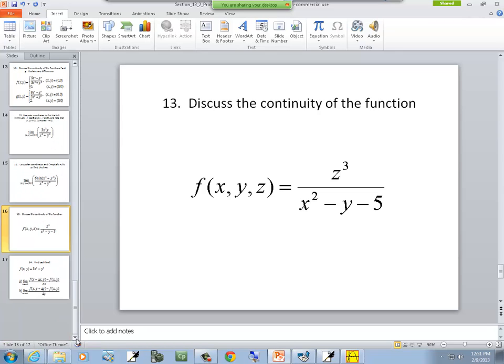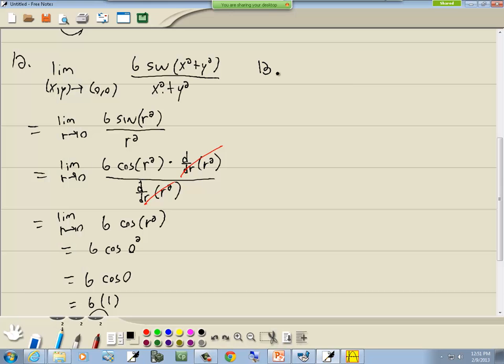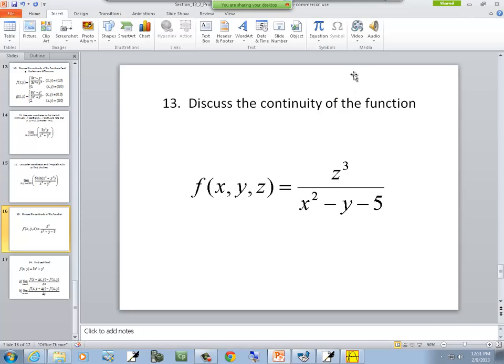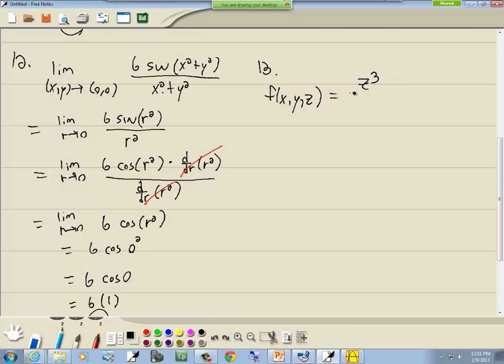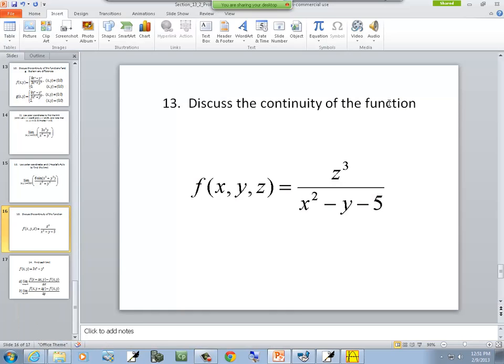Next type of problems want us to discuss continuity of the function. Okay, and we're going to have f of x, y, z is equal to z to the third over x squared minus y minus 5.